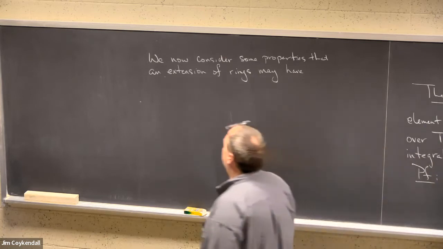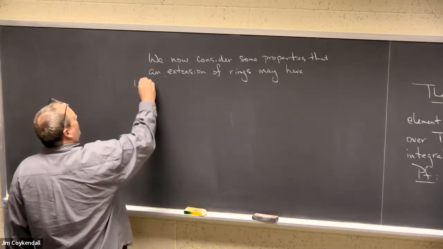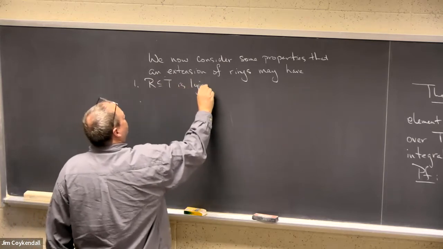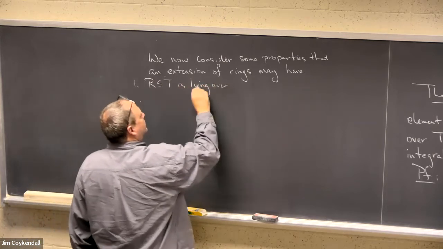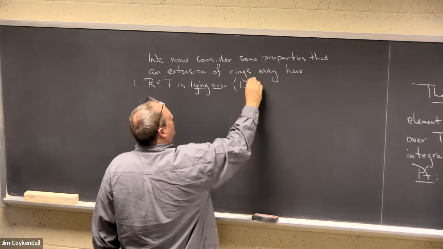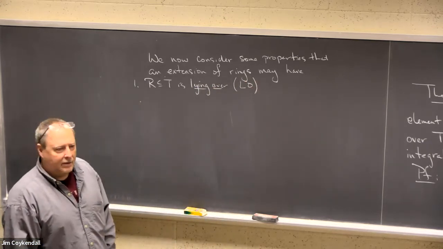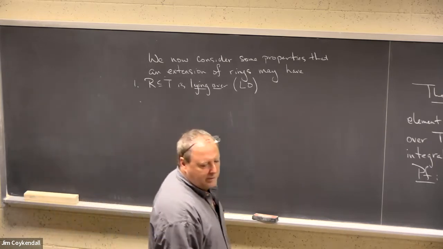We say the extension R inside T is lying over. There are entirely too many abbreviations in commutative algebra. I guess I've got to keep up with the edition.